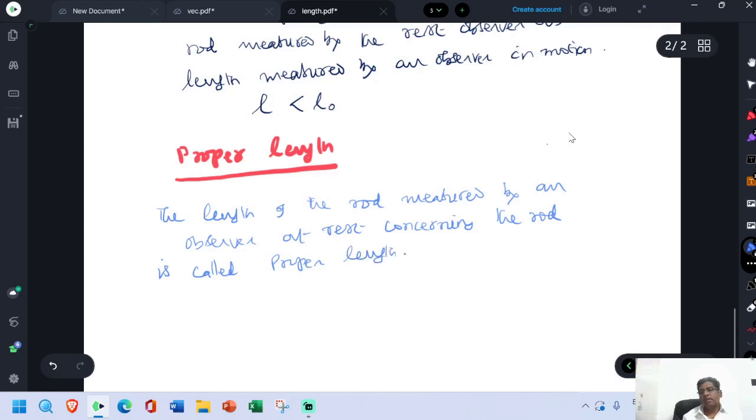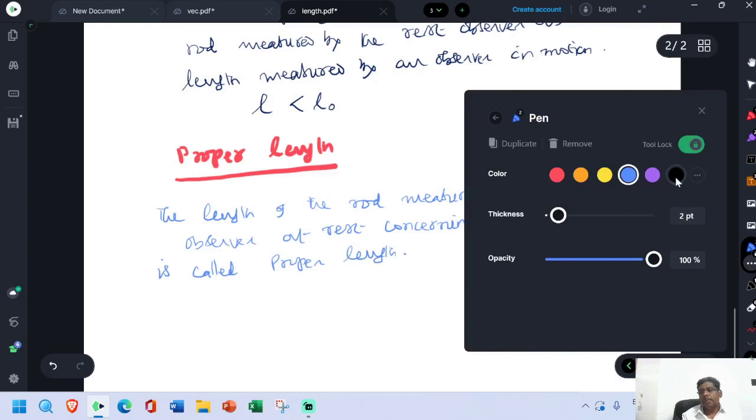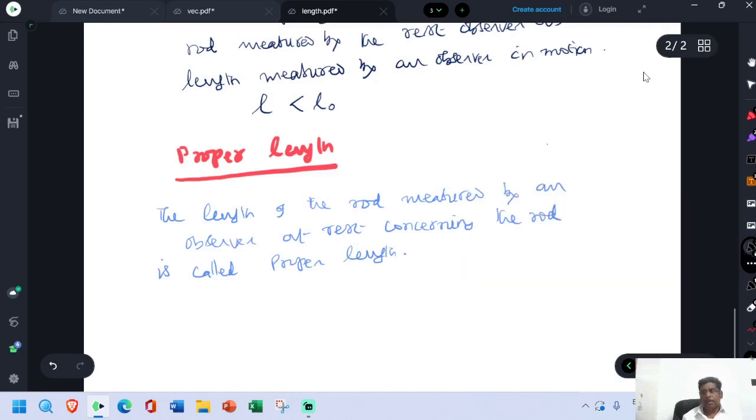This statement is very important, and underline the word concerning the rod. See that the length of the rod measured by an observer at rest concerning the rod is called the proper length.